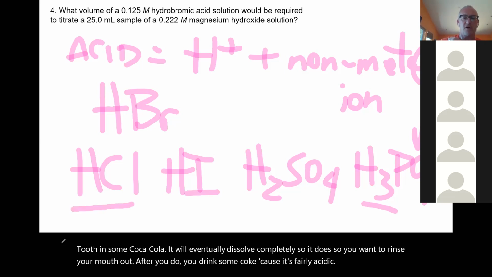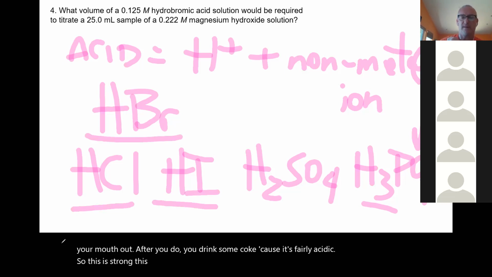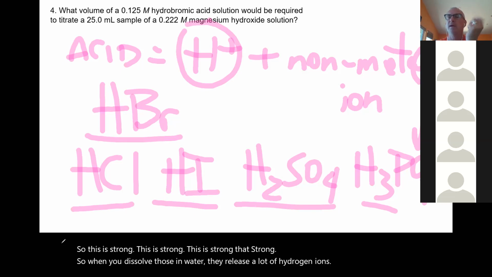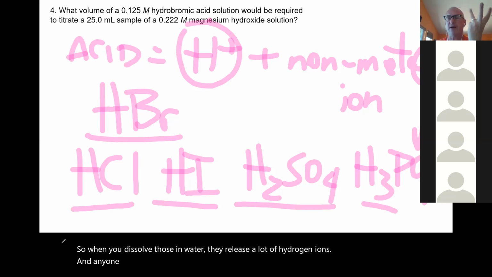So this is strong, this is strong, this is strong, that's strong. When you dissolve those in water, they release a lot of hydrogen ions. And anyone know how we measure how acidic something is?